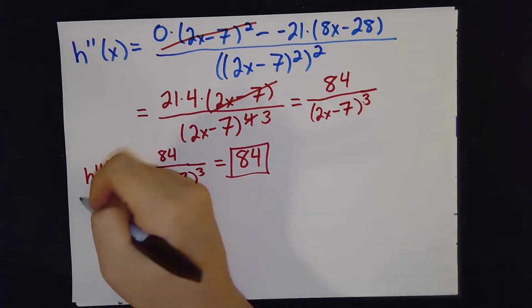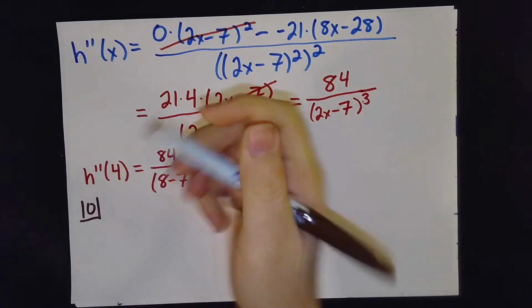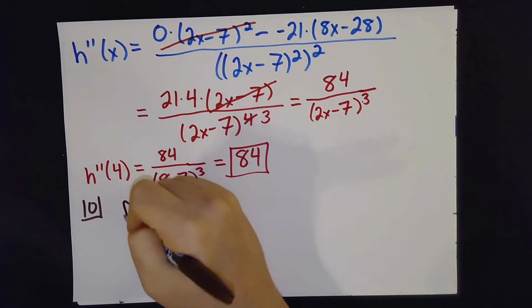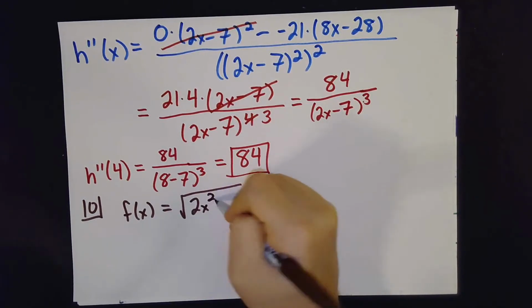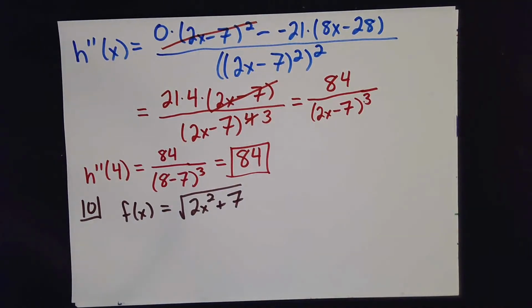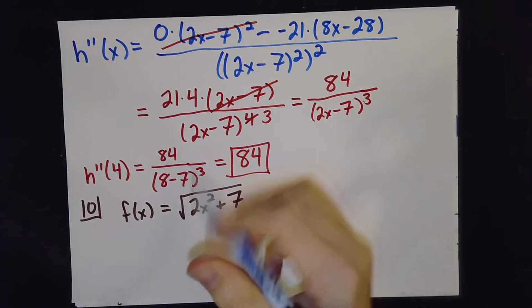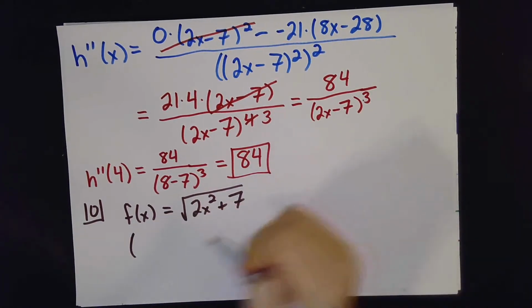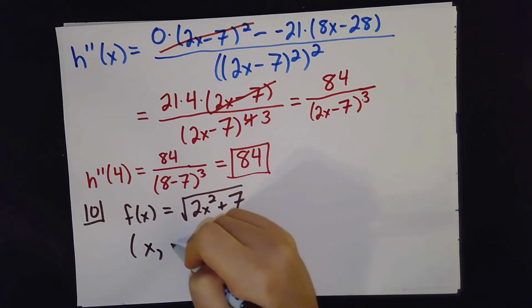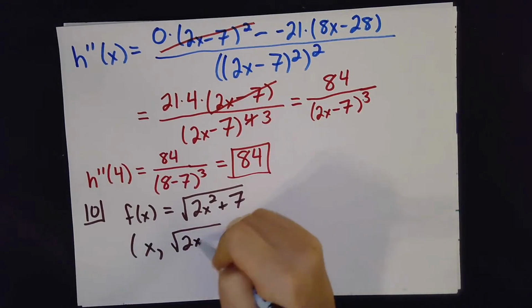Okay, so 10 asks about using the limit definition to find the derivative of f of x is the square root of 2x squared plus 7. So remember, to do this, we need to find our 2 points. So we'll start at this point on the graph.